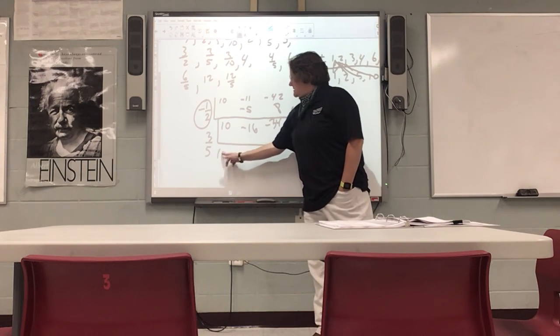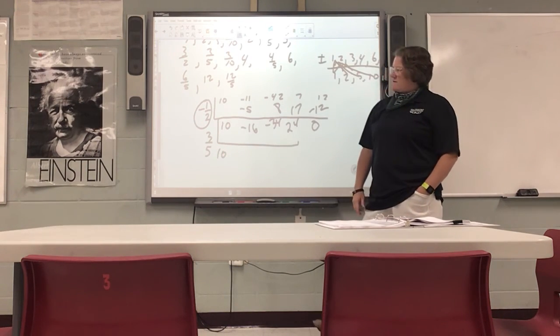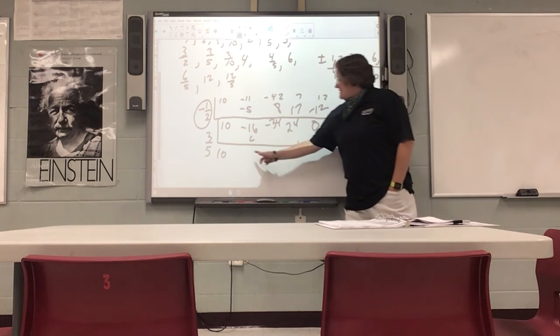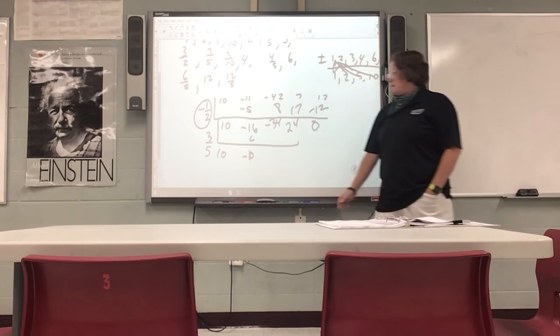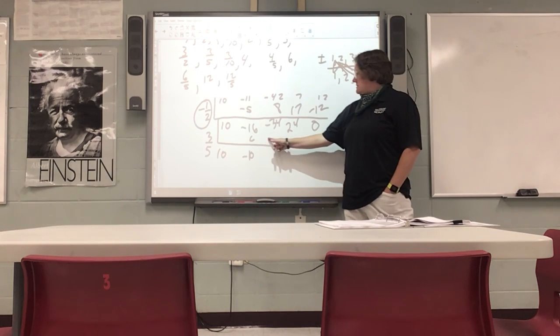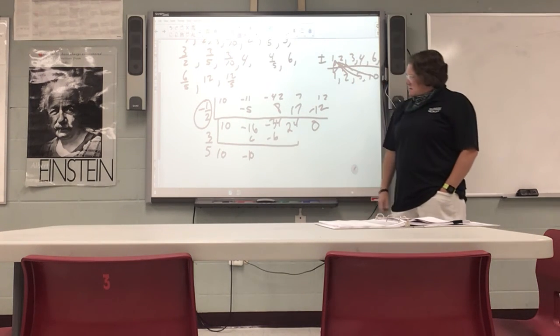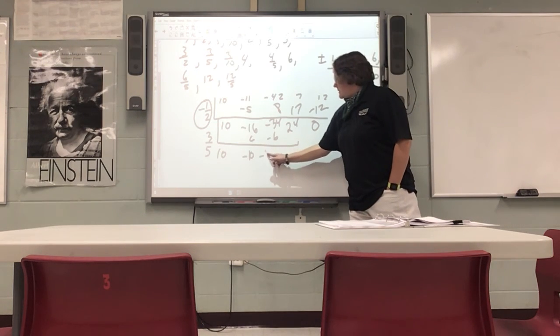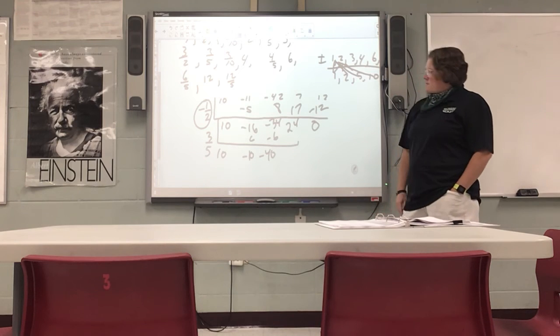Drop my 10 times 3/5 is 30/5, which is 6. Negative 16 and 6 is negative 10. Negative 10 times 3/5 is negative 6. Negative 40 plus 24.